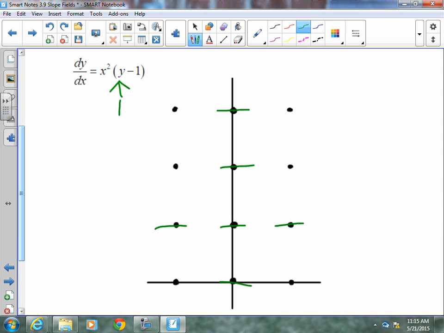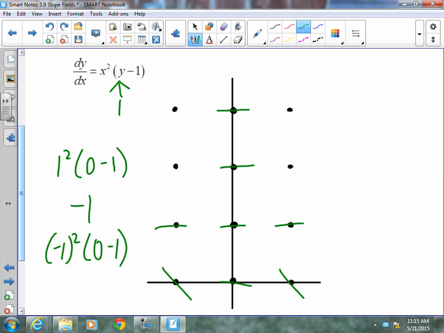And these other points we might just have to plug in. For instance, 1, 0: 1 squared times 0 minus 1 gives us negative 1. Negative 1, 0: negative 1 squared times 0 minus 1 is negative 1. Plug in 1, 2: 1 squared times 2 minus 1 is 1. Same thing here, because negative 1 squared is the same as 1 squared.